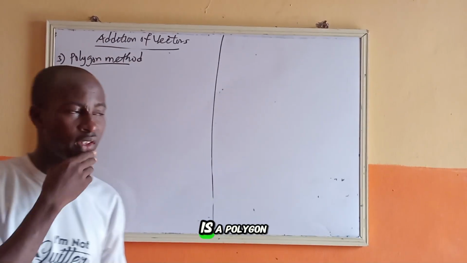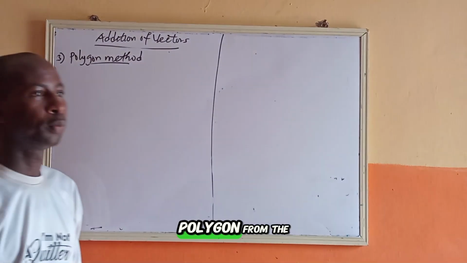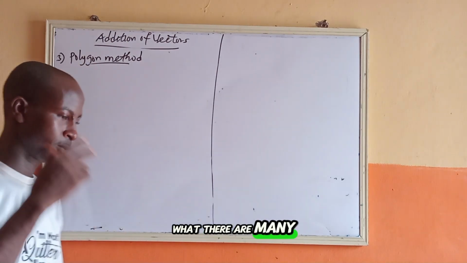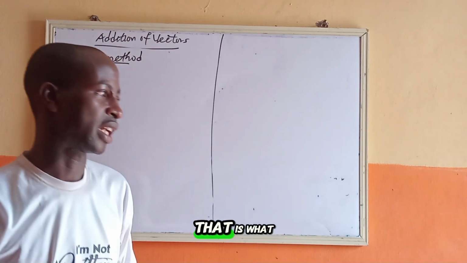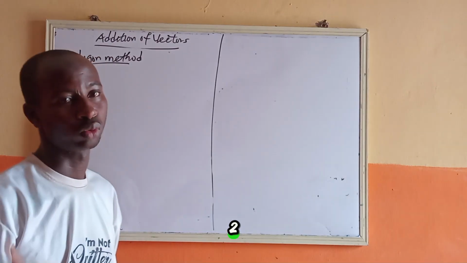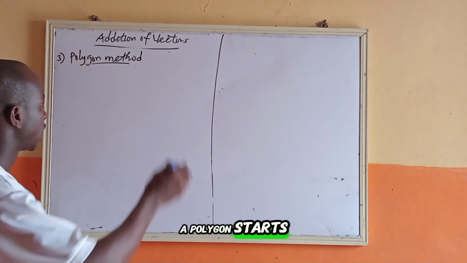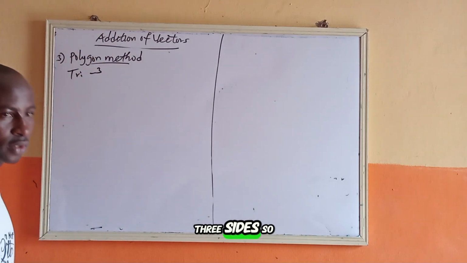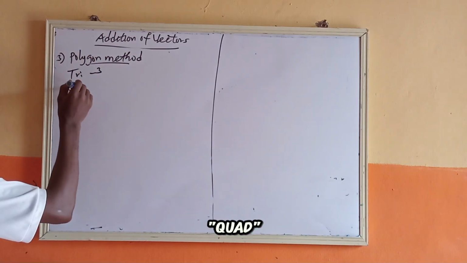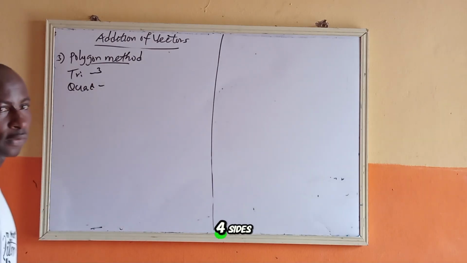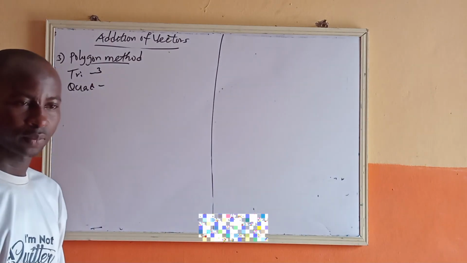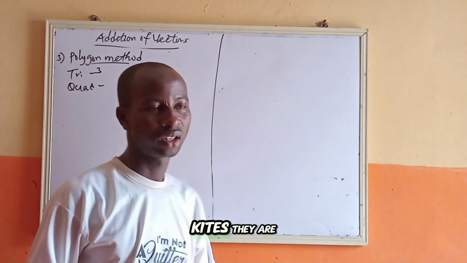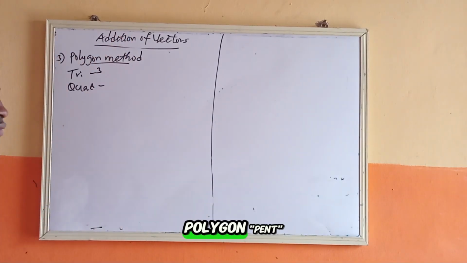The third method is the polygon method. Polygon means any shape with more than two sides. That is why a polygon starts from a triangle. Tri means three sides. Quad means four sides, so the rhombus, parallelogram, rectangle, squares, kites, they are all polygons.